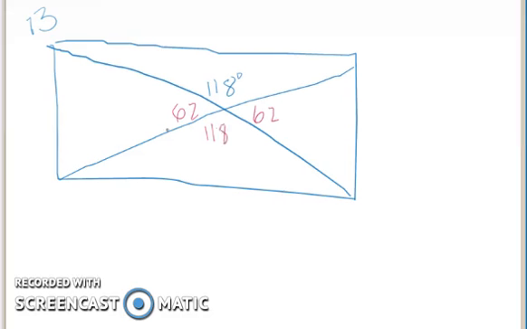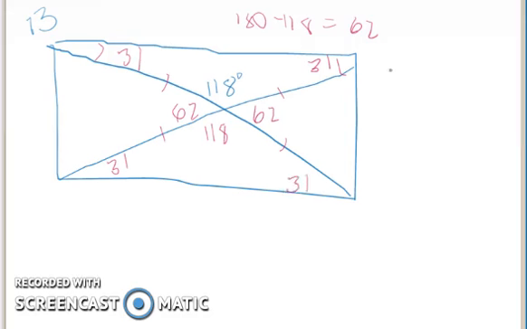From here, I know that these are all isosceles. So this angle and this angle are congruent. And if I have 118, I should be able to take 180 and subtract 118 and get 62 degrees. So I got to split 62 evenly, so I should get 31 and 31. Alternate interiors, 31, 31.